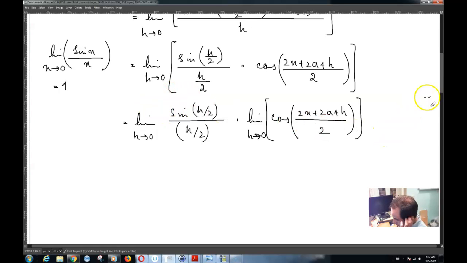You don't need to be worried about the fact that here you have sine x divided by x, and here you have sine of h divided by 2 by h divided by 2. These are half angles compared to this. But eventually when h tends to 0, of course h divided by 2 also tends to 0.